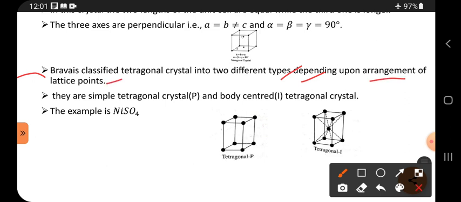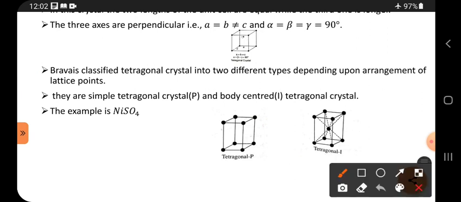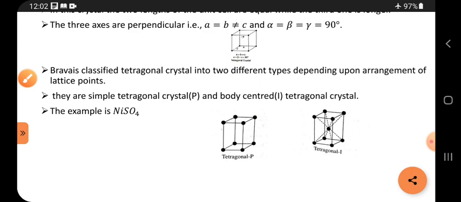They are the simple tetragonal crystal and the body centered tetragonal crystal. So it is a simple one, and it is body centered, with a point at the center of the body. A good example is NiSO4, nickel sulfate.